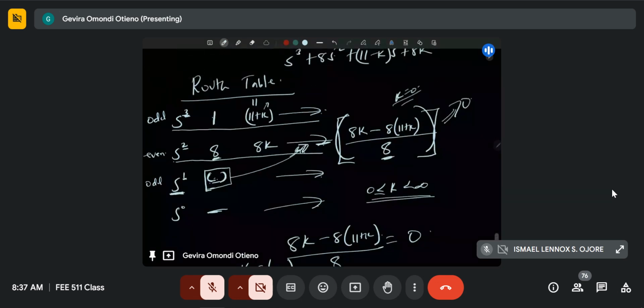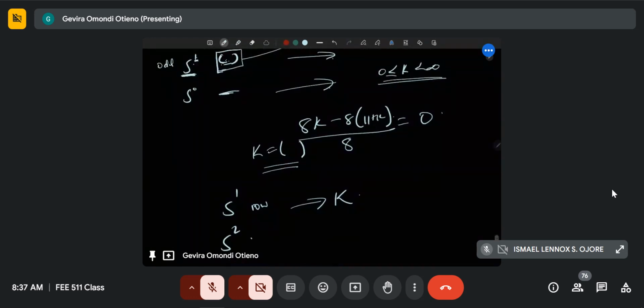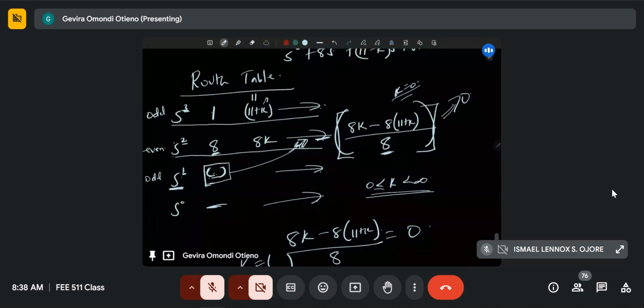And the only even row above s to power 1 is the s to power 2 row. So the s to power 2 row is the one that should give us the J omega axis crossing. How does it do that? You take the polynomial of the entire row. Let me remove all this junk stuff that's confusing you.